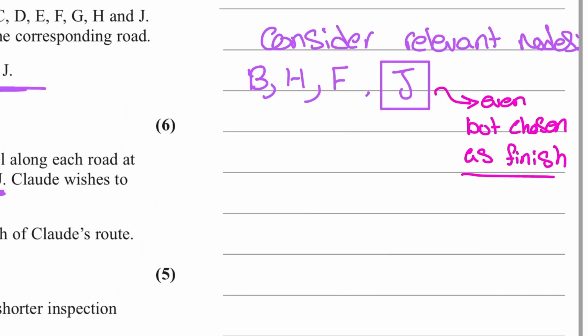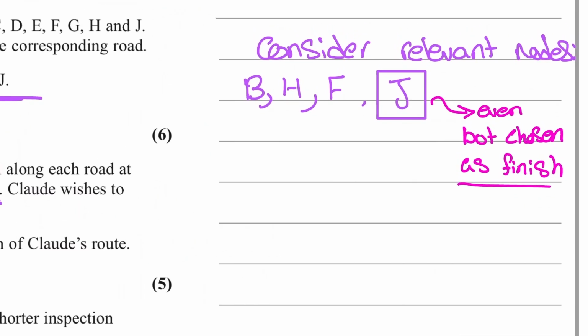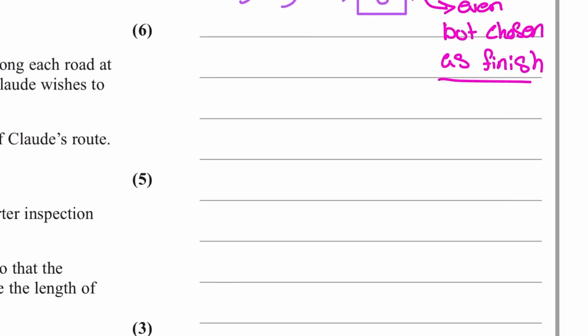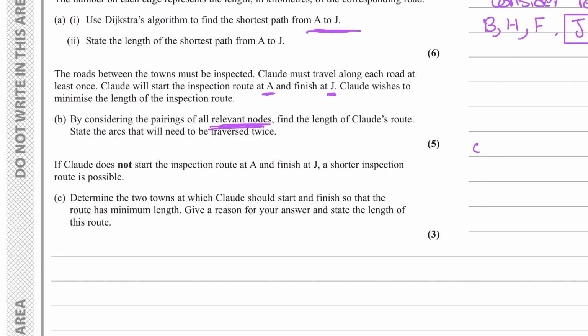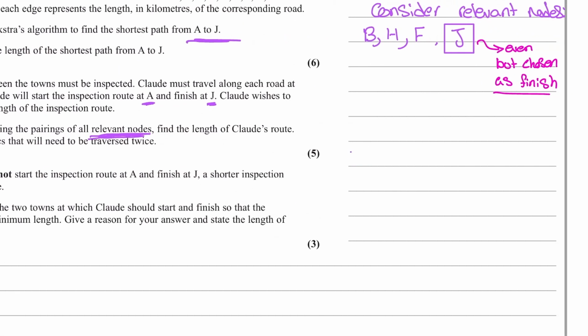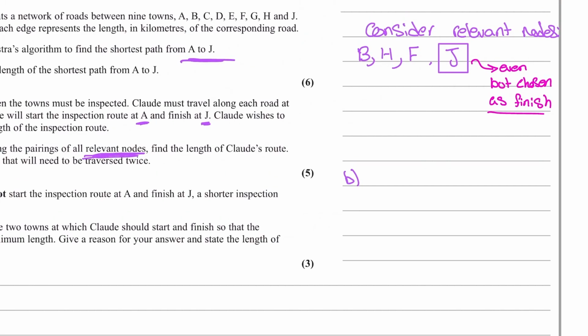So now we can continue and we can consider all of these combinations together. Let me just go somewhere with a little bit more space. Okay, this is part B, right? Yeah. Okay. So we are going to consider BH, BF, and BJ.